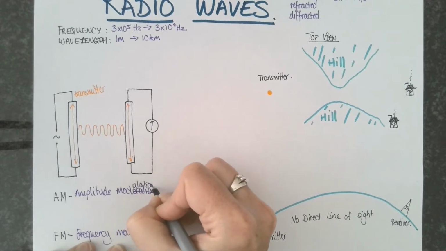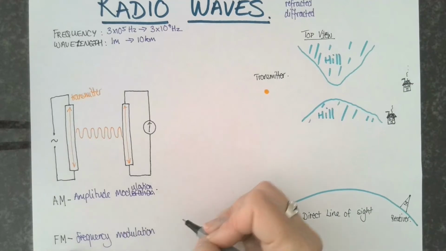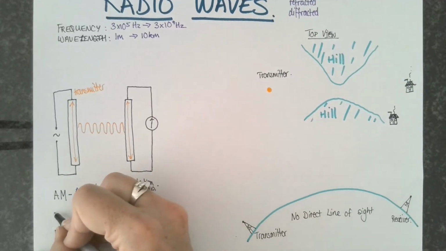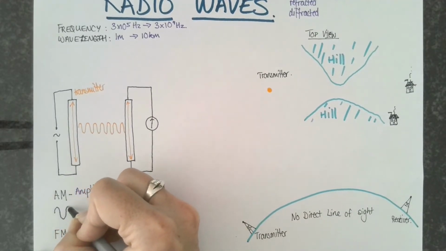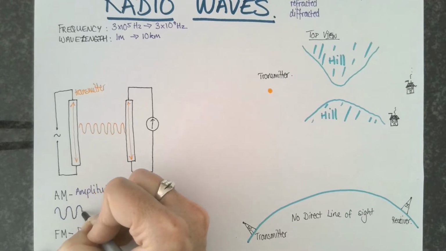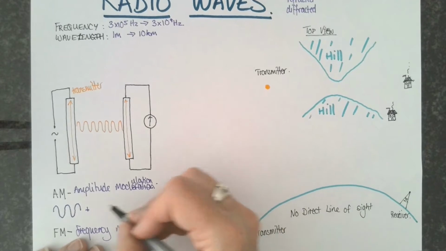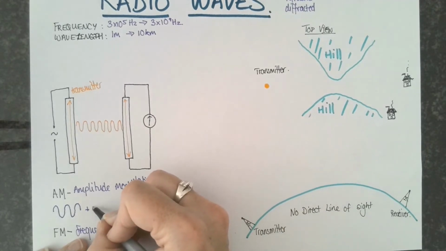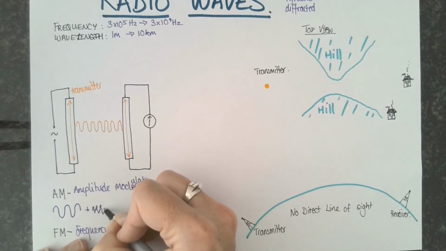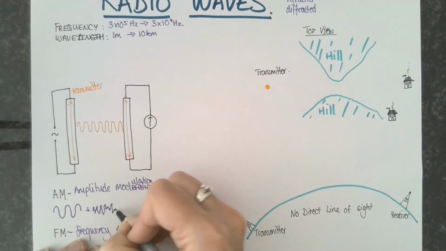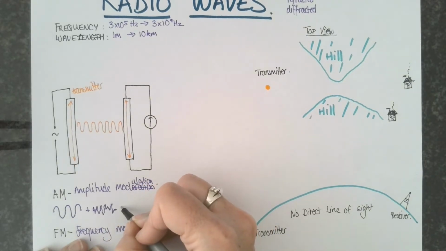My apologies. So amplitude modulation means that we have a carrier wave with a certain amplitude. And then we add the radio wave with the sounds we want to transmit, which will have a different frequency and shape in terms of its amplitude.